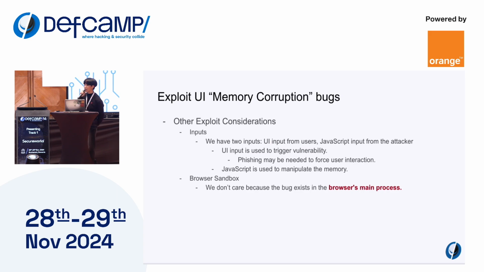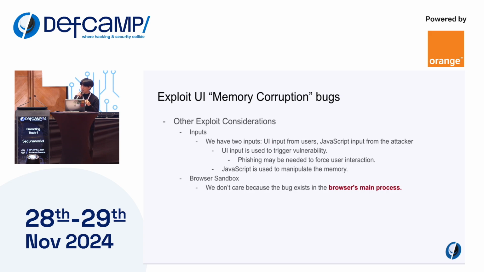Now let's look at the other considerations for the exploit. First, we need to think about the inputs involved. There are two main inputs: the UI input from the user and the JavaScript input controlled by the attacker. Because the user's input triggers the vulnerability, the attacker needs to trick the user into interacting, often by using phishing to get them to take specific actions.